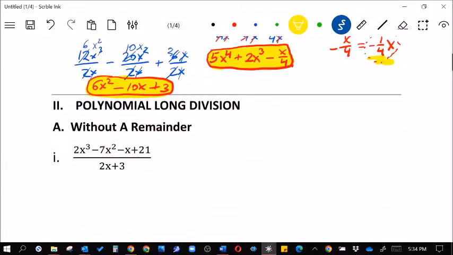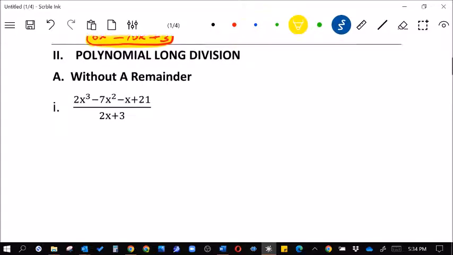Now let's take a look at polynomial long division. Okay. We're going to do a couple of these types of problems, and let's go over the way to do it. The first concept to understand is the same basic kind of division as if you had something like 83 divided by 5. We would do a 5 and the division symbol.